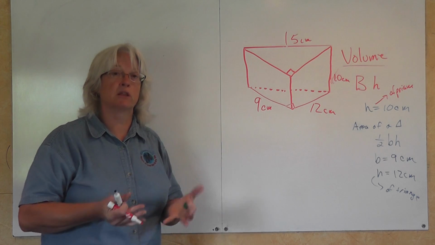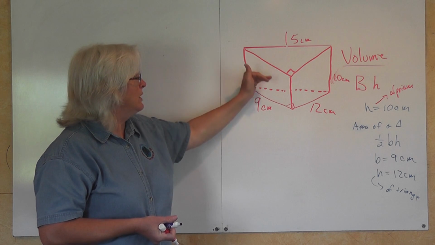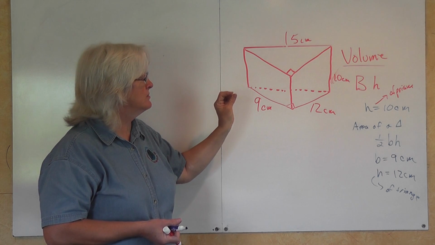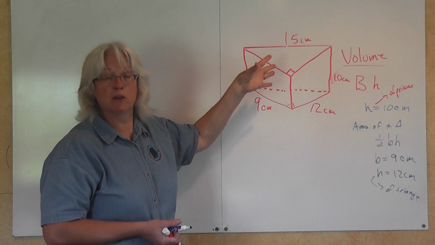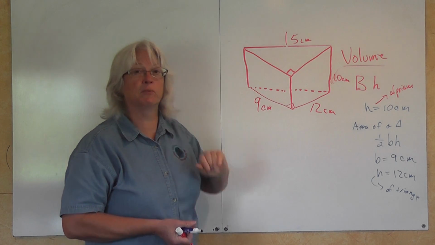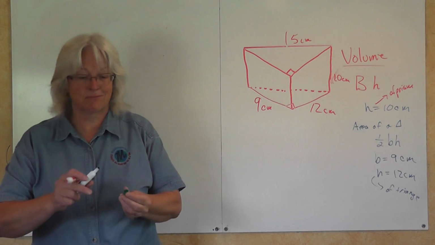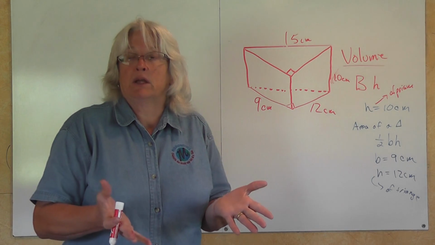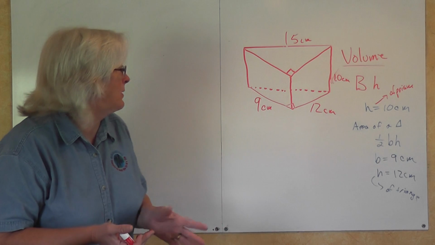We don't use the hypotenuse when we are finding area. You'd use that in the Pythagorean theorem. So that piece of information right there is extra information that they're putting in there. Make sure that you can clearly and properly identify the parts of your problem.